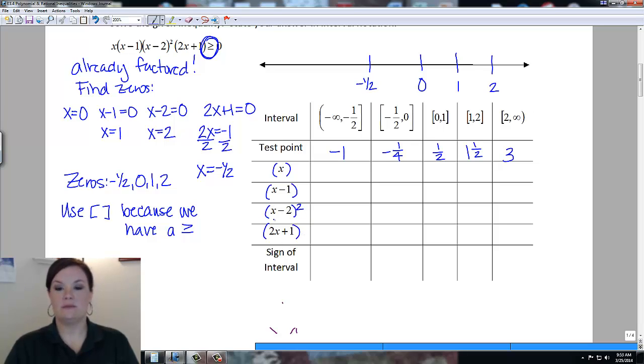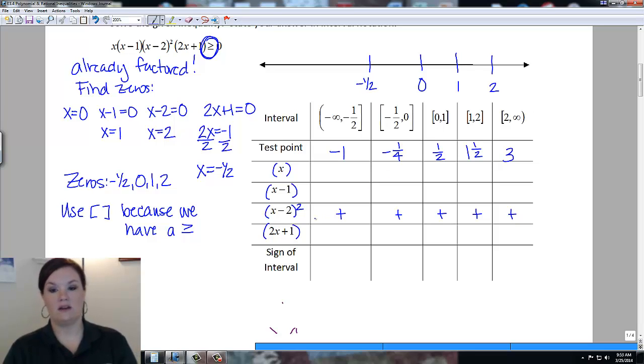Now I want to mention something about this x minus 2 being squared. Notice whatever I plug in for x, I'm going to do x minus 2. And then regardless if that's positive or negative, when I square it, it's going to end up positive. Okay, so I could go ahead and just put positives across the board here, because if I put -1 in there, -1 minus 2 is -3, which when squared is positive.